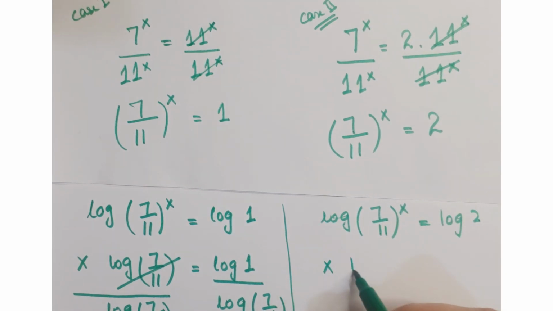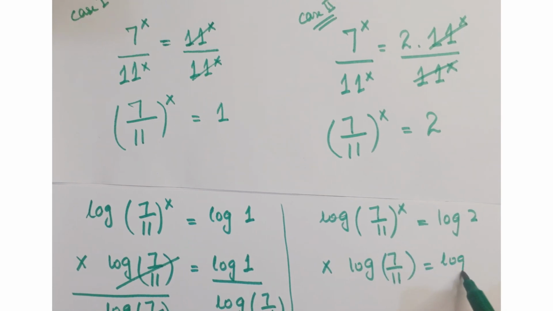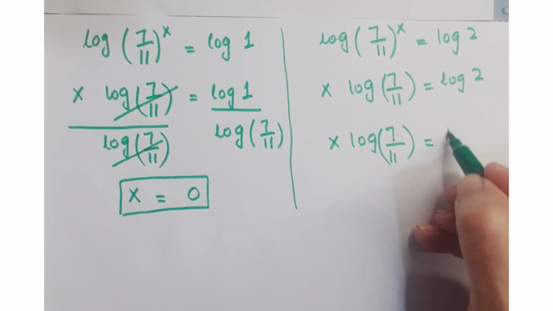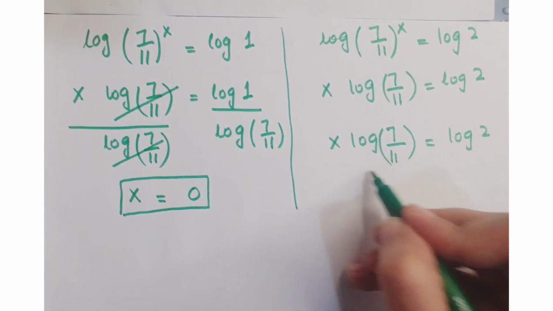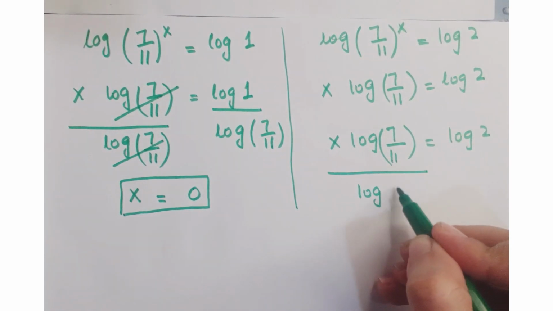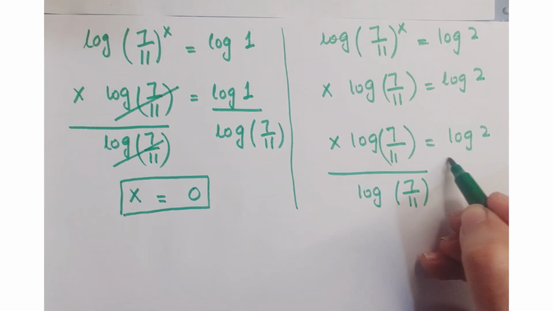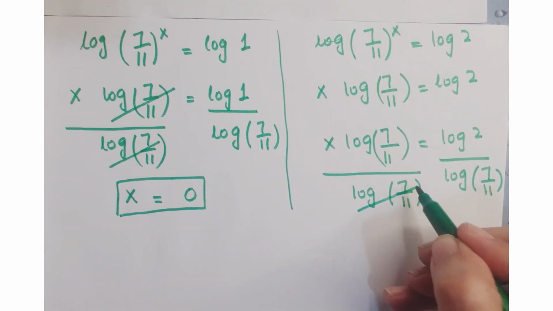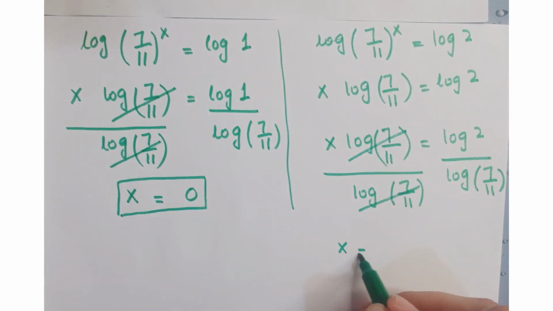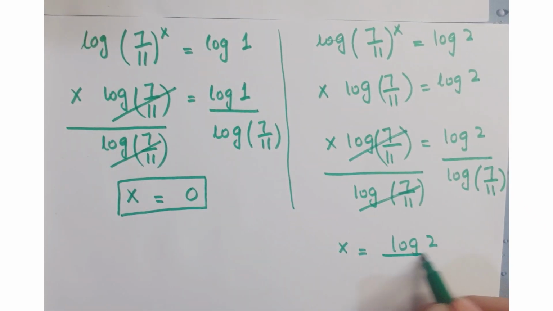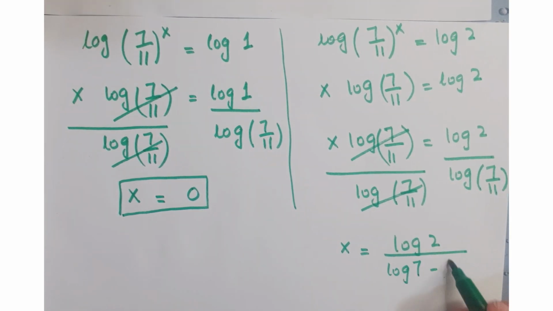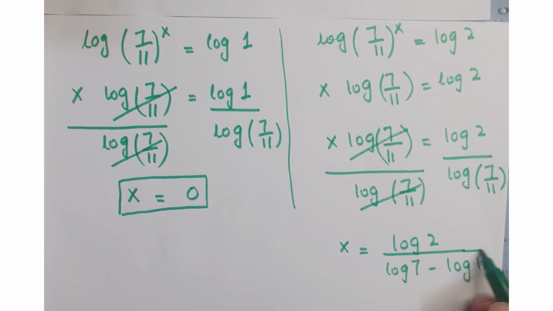So you have x log(7/11) = log 2. Divide by log(7/11) on both sides. Now this term gets cancelled, so you have x = log 2 upon log(7/11), which is log 7 minus log 11.